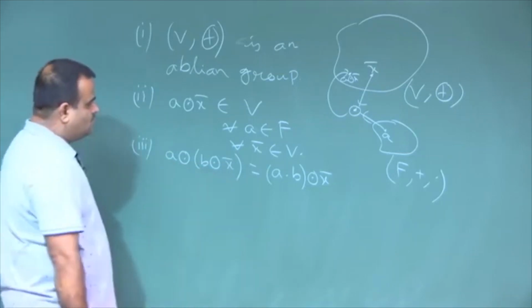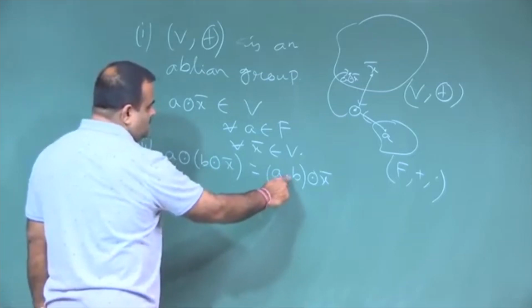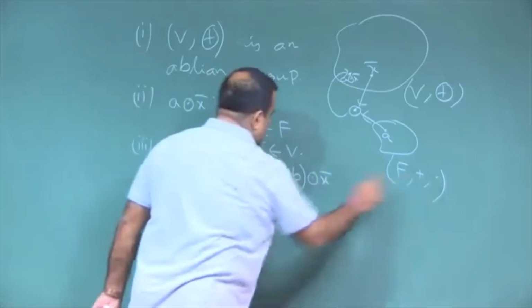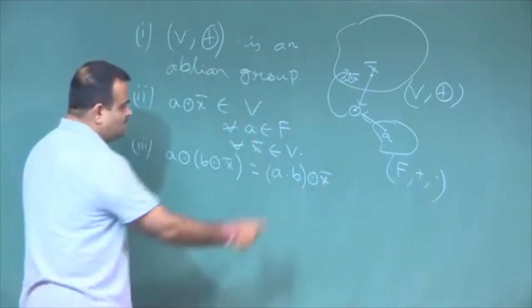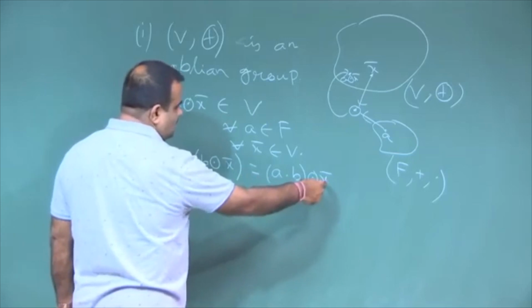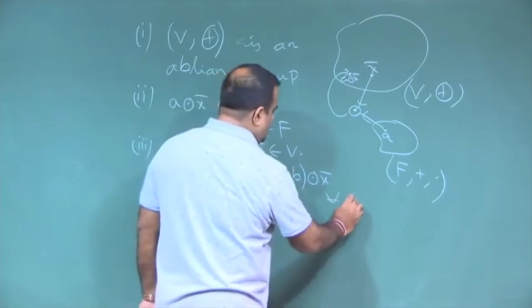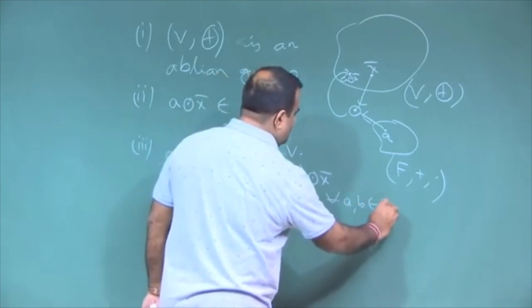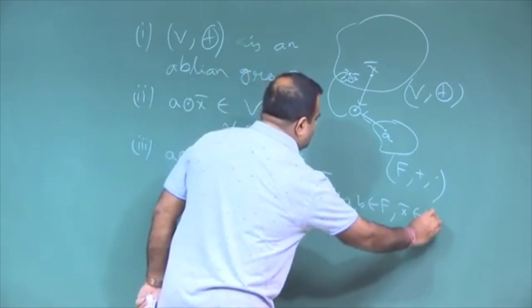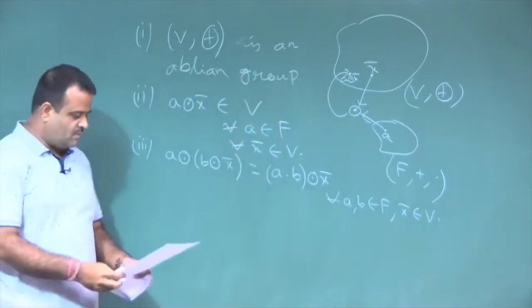So, that vector should be the same as, so A is a field element, B is a field element, and this is the field multiplication, so this will again be a field element. That should be equal to this vector, and this should be for all A, B belongs to F and x belongs to V. Okay. This is one of the properties.